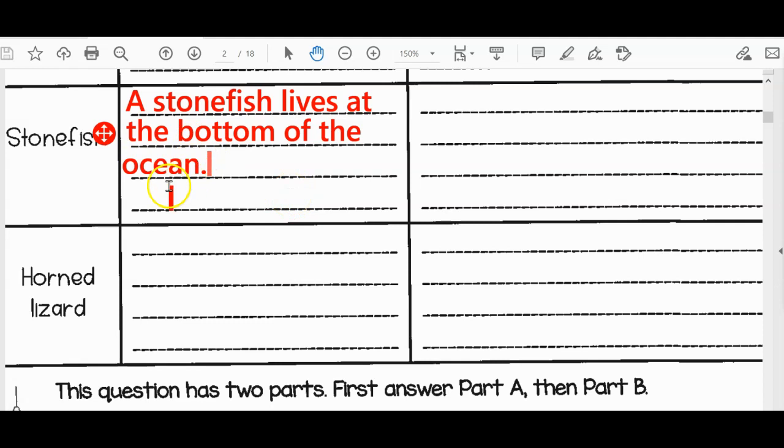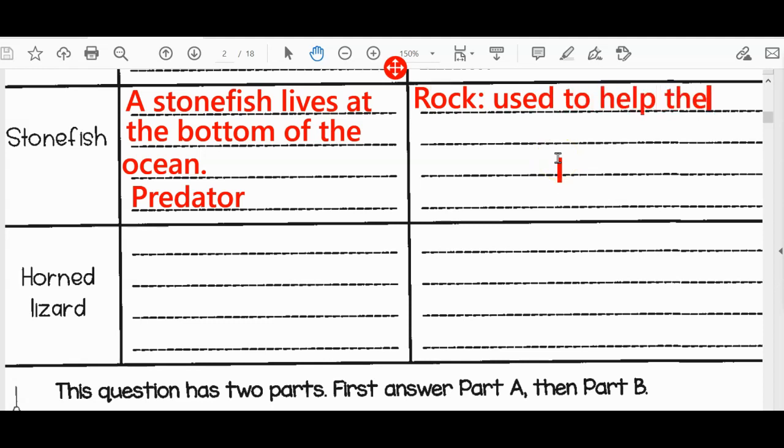Is it a prey or predator? It's a predator. And the stonefish looks like a what? Looks like a rock that is used to help them.